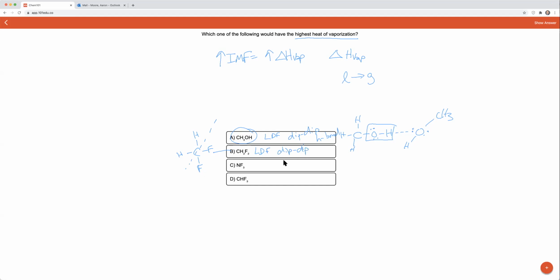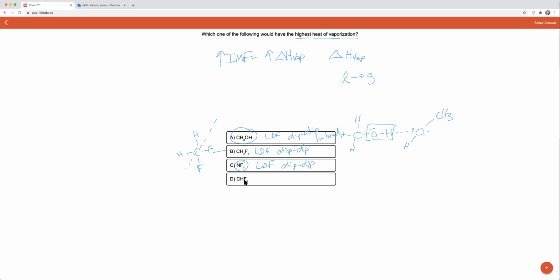But it does not have hydrogen bonding because in order to have hydrogen bonding, you have to have the hydrogen bound to oxygen, nitrogen, or fluorine. The hydrogens here are bound to a carbon. So automatically I know that this one's going to have a higher heat of vaporization than this one, but it will than the others as well, because this one just has London dispersion and dipole-dipole. You can draw the Lewis structure and prove it to yourself later if you want.